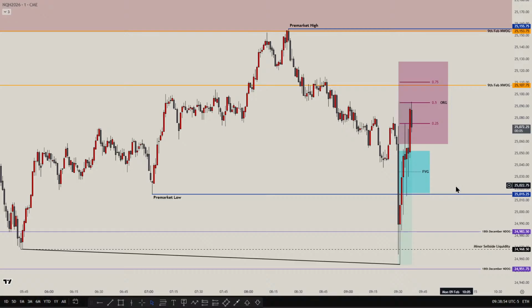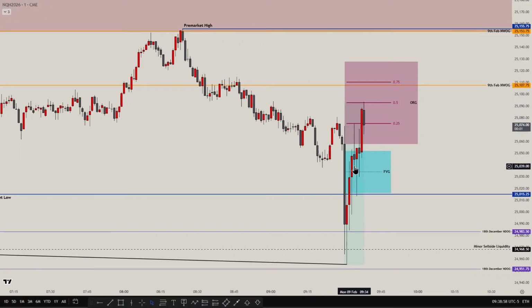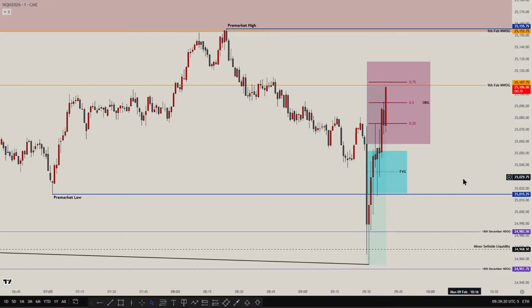Do those wicks produce a BPR? Technically, yes. But I wouldn't look at it as a BPR. Actually, yeah, BPR. Yes. Because there's no inefficiencies around it that could nullify that idea. So yeah, BPR.